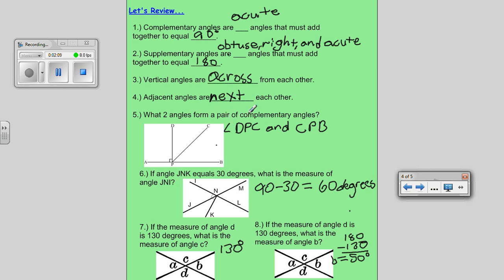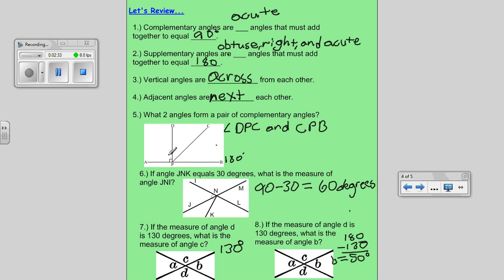Alright, what are the two angle pairs of complementary angles? Okay, so you look right here, complementary means it forms 90 degrees, so the two angles that form that, we know this is 90. And if you have a straight line, guys, a straight line is always 180 degrees, okay? That's always 180.